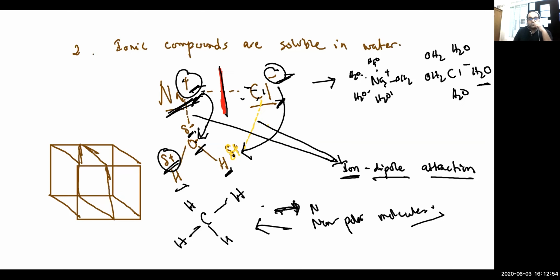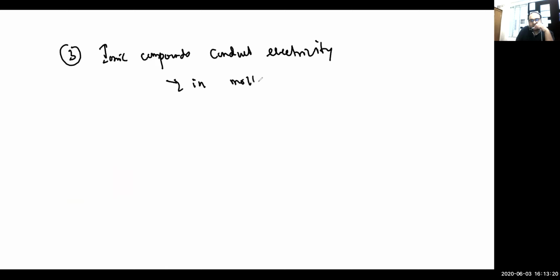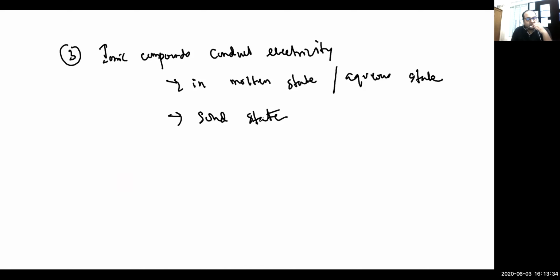Next is the third point. This is the same concept you studied in O levels: ionic compounds conduct electricity in molten state or aqueous state, but not in solid state.